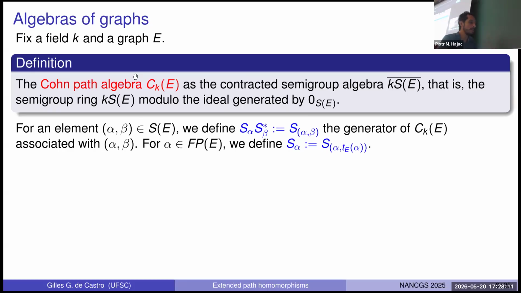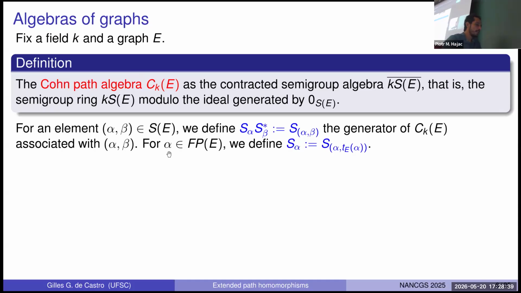I'm going to give the relations later, but this is one way of looking at the path algebra. And then, as I was saying before, this alpha beta, when you see it inside the algebra, we just write this as s alpha s beta star, or if you're not using s, you just say this is alpha beta star. These are generators of this algebra.